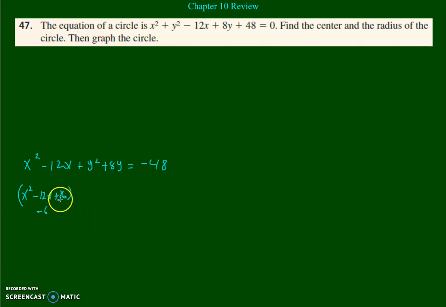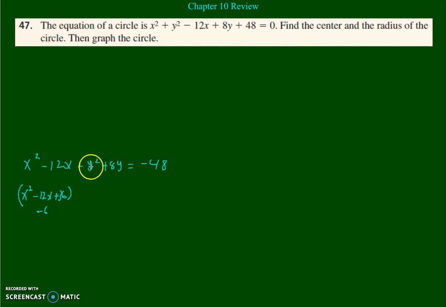Now, because I have a plus 36 here, because I've added 36 to this side of the equal sign, I'm going to have to add 36 to that side. So we're going to add 36 out here in a second. But we have to remember we have to add our 36 in. Now I'm going to do the same thing to these two terms.